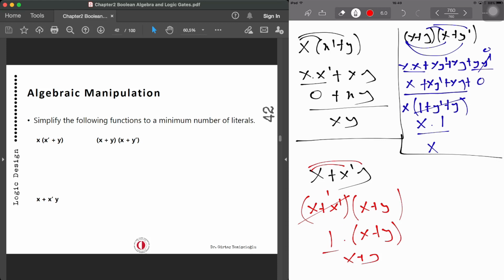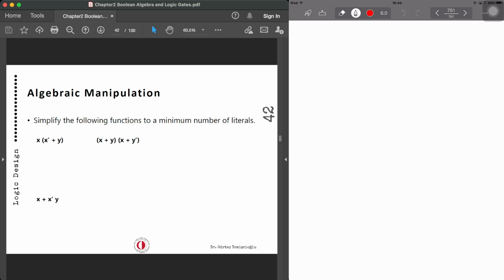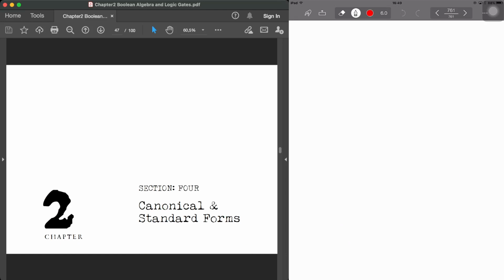So these are simple operations that we can perform, and we can take this further and see standard forms, or canonical forms, of algebraic equations. So what are those canonical and algebraic forms of these operations?